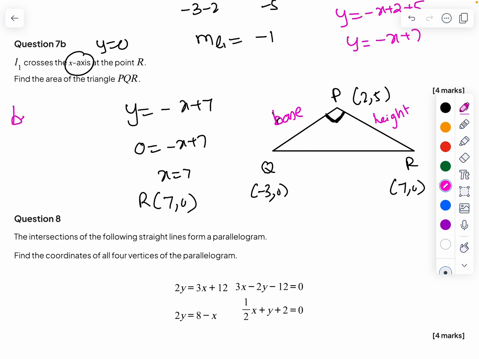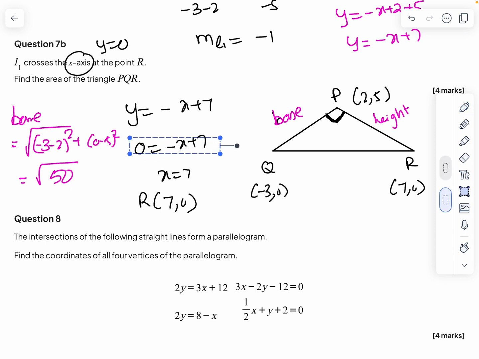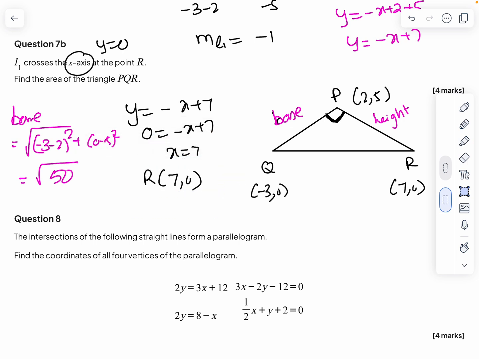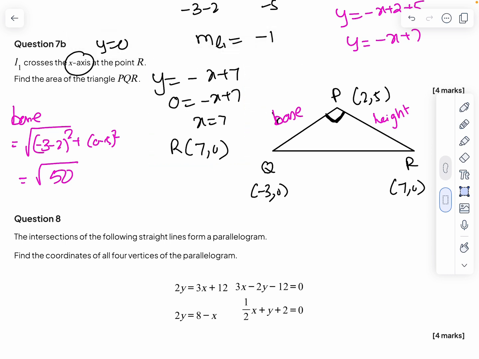So I'll find the base distance: square root of (-3 - 2) whole square plus (0 - 5) whole square, which is going to be root 50. Similarly, I'm going to find the height. R is (7, 0).